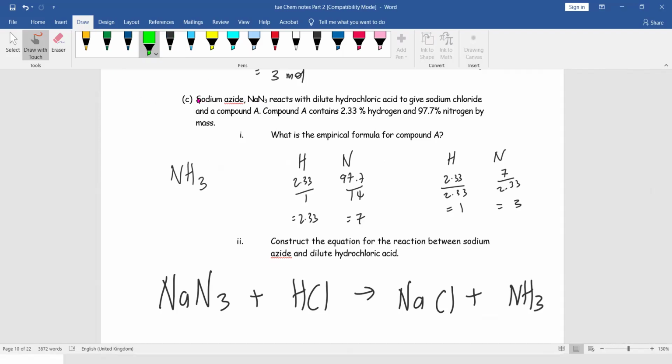I thought nitrogen is. Oh, yeah, sorry. HN3. Yeah. I was looking the opposite way. HN3, which is a really weird thing. But it's correct. Okay. HN3. Some weird thing.